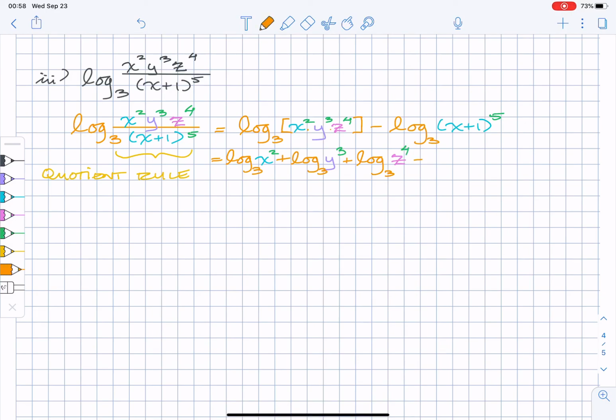Now I can use the power rule for this last factor. So 5 times log base 3 of the quantity x plus 1.